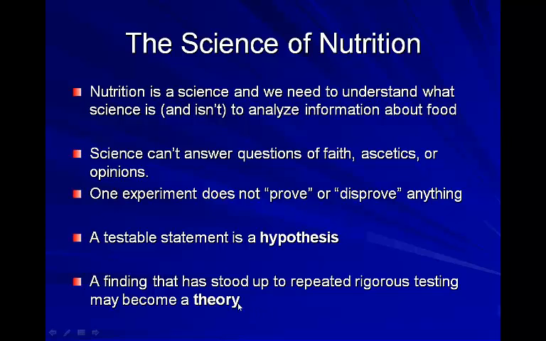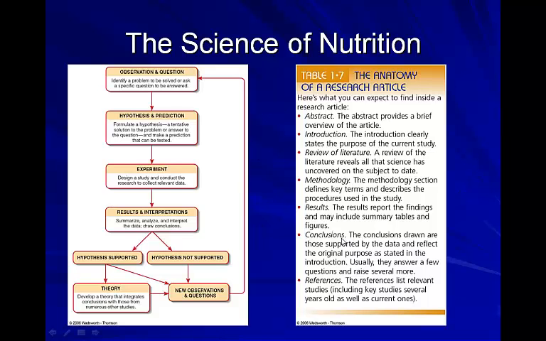It's been tested multiple different ways by multiple different people, and it is basically as close as you're going to get to fact. The germ theory of disease, the cell theory of life, the theory of gravity, the theory of evolution. These are things that have been supported by multiple people testing it multiple different ways. So a theory is very, very solid, whereas a hypothesis is really something we're in the process of testing.